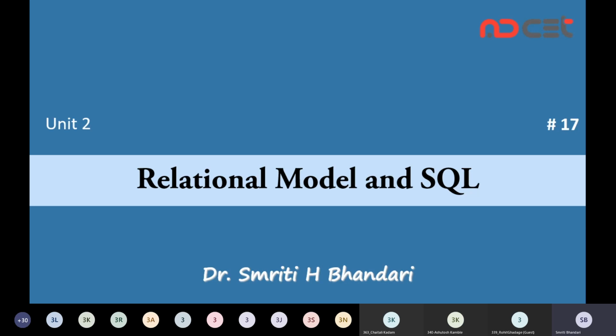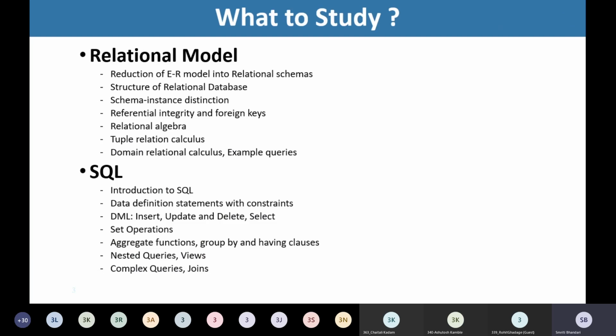This unit deals with the relational model, and we are also going to discuss structured query language in this unit. Once again, we have divided this unit into two parts.